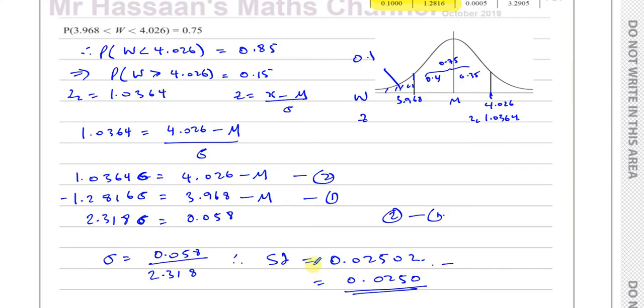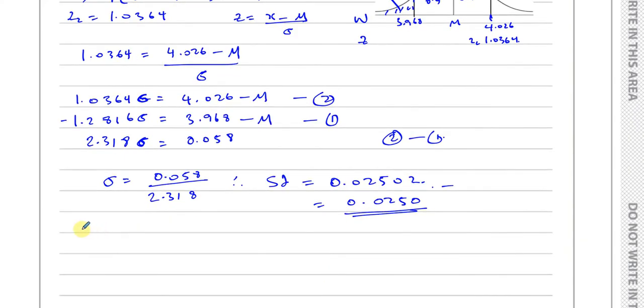That's the standard deviation, and we can find the mean. Let's use this equation here: the mean is equal to 4.026 take away 1.0364 times the standard deviation, which is 0.0250.